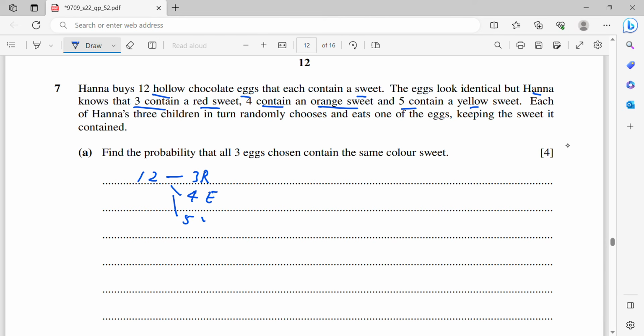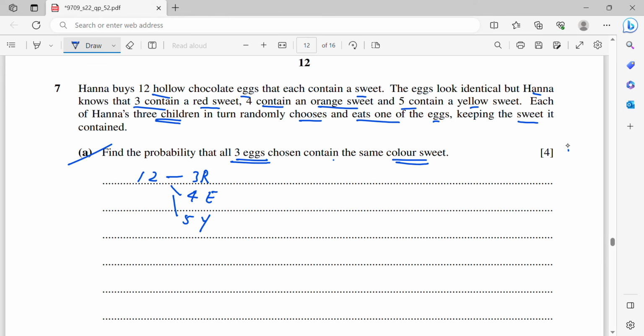So 5 Y. Now each of Hannah's 3 children in turn randomly chooses and eats one of the eggs, keeping the sweet it contains. Now A, calculate the probability that all 3 eggs chosen contain the same color.